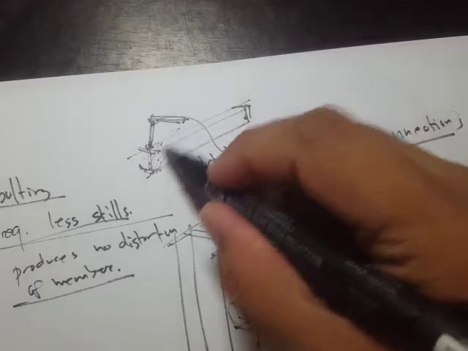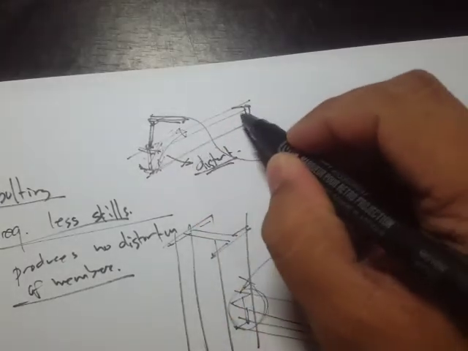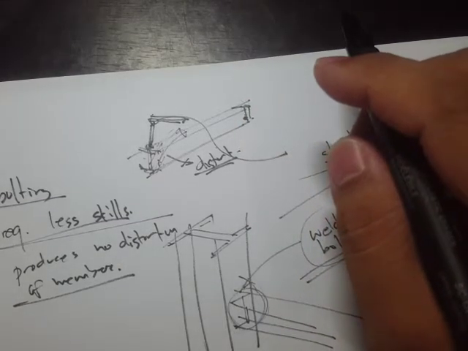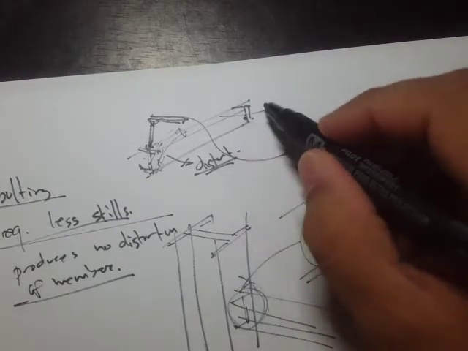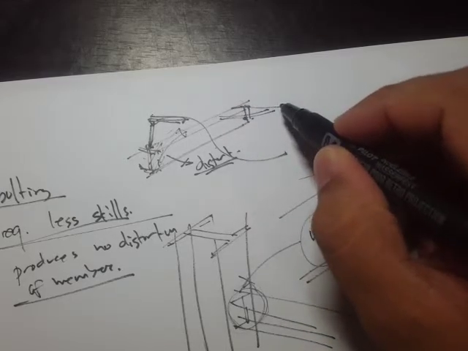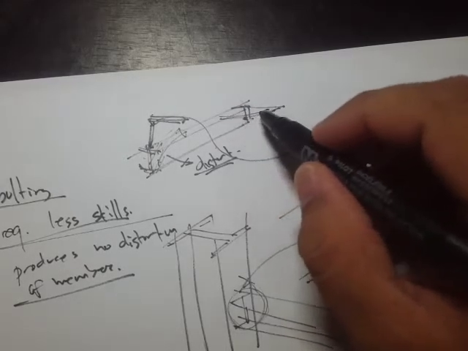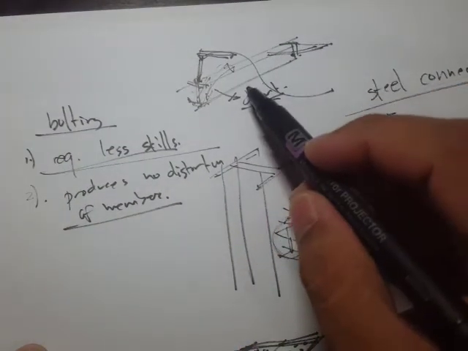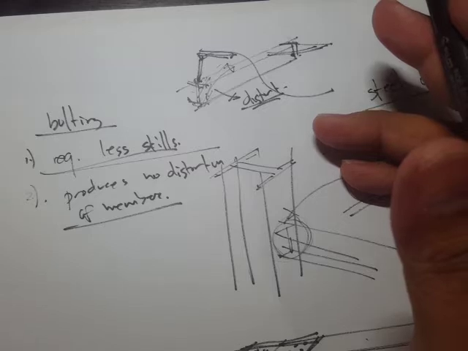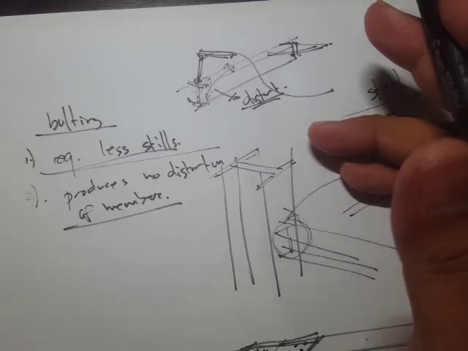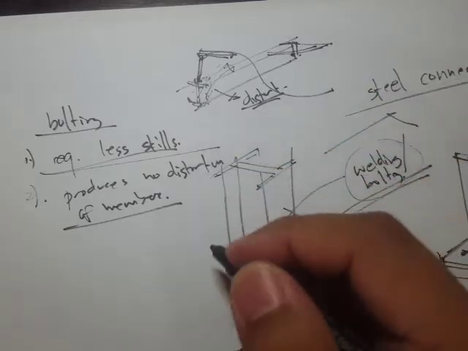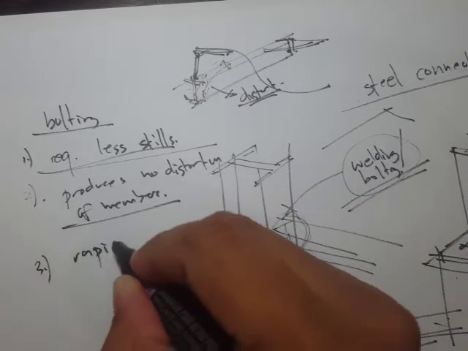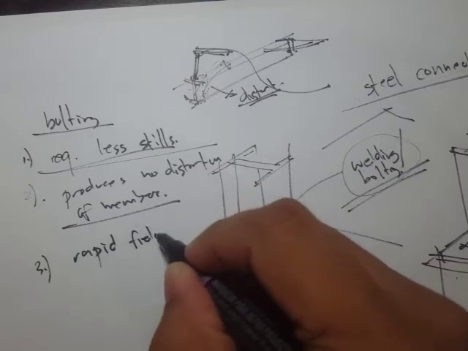So meaning that there's going to be a distortion in the member, and that's why when you're doing the welding job, it's proper to provide braces to prevent this distortion. For bolting, you just need to have holes, and you're not actually heating the member, so that's why there's no distortion.